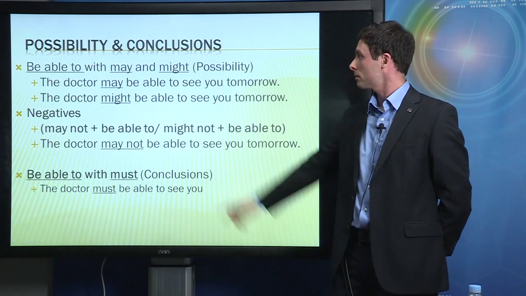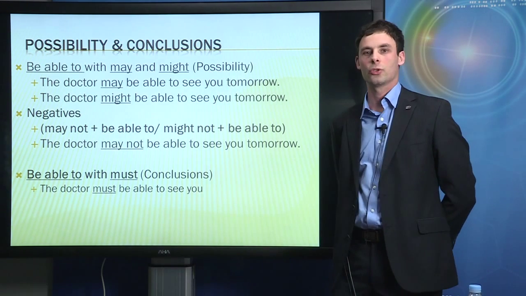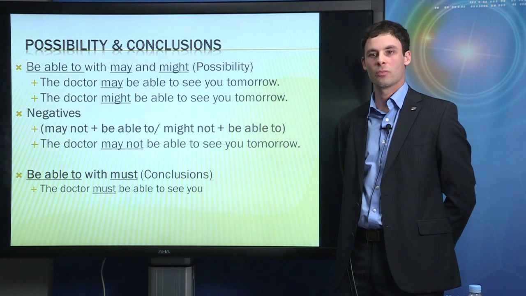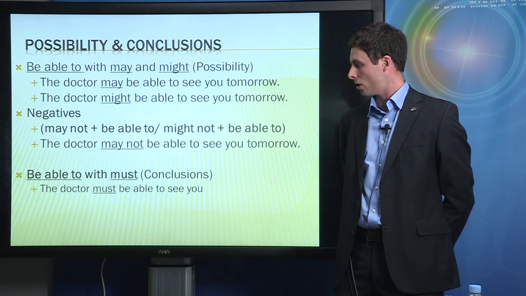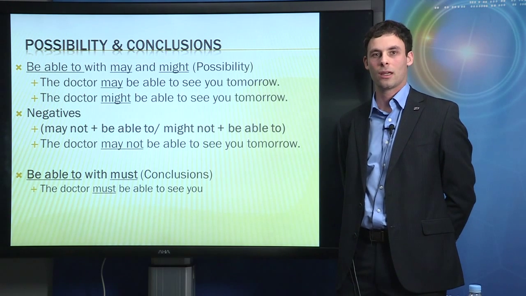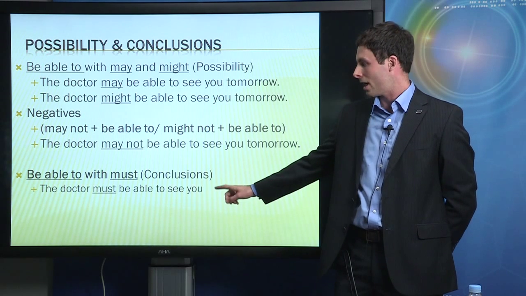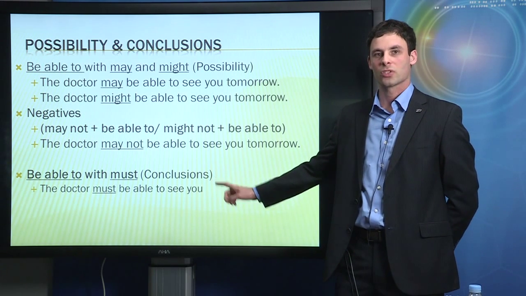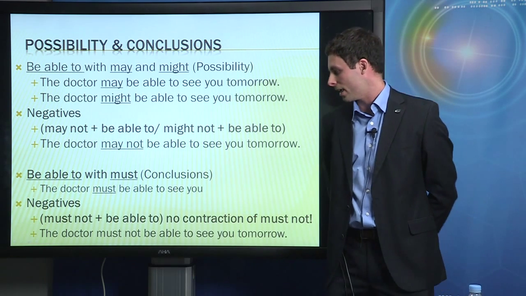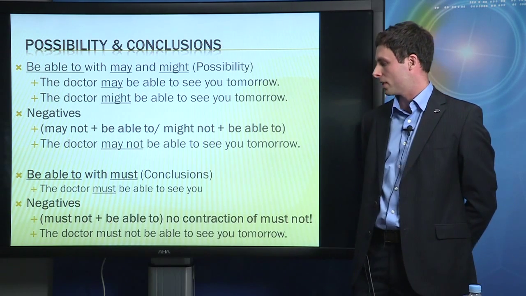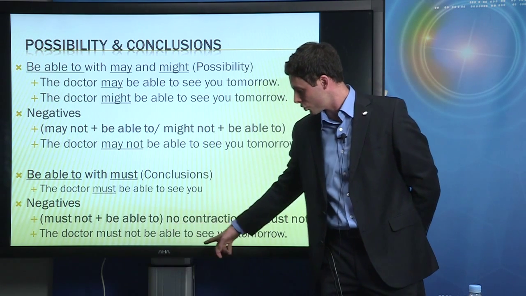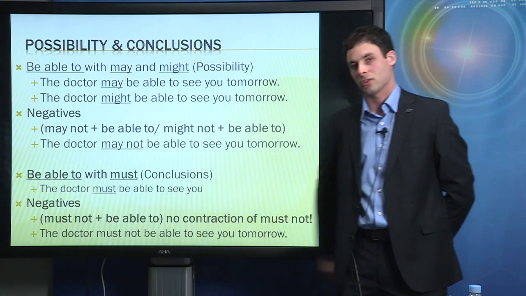And the final one is looking at drawing conclusions, making conclusions. Be able to with must. So the doctor must be able to see you. We're making a conclusion that this ability must happen. And likewise, with the negative, not goes just before be able to.